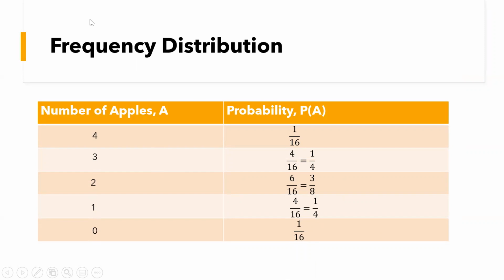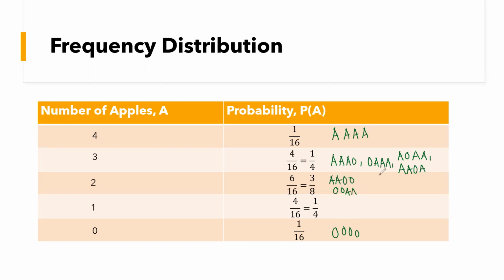Let me write here the outcomes: A, O, and so on, then triple A, triple O, and so on and so forth.